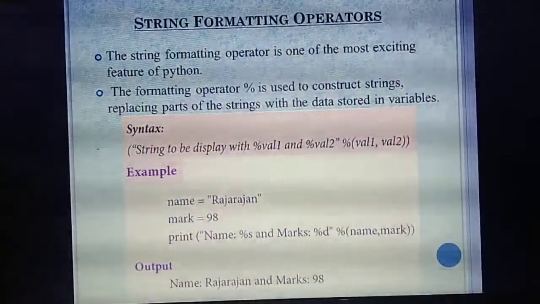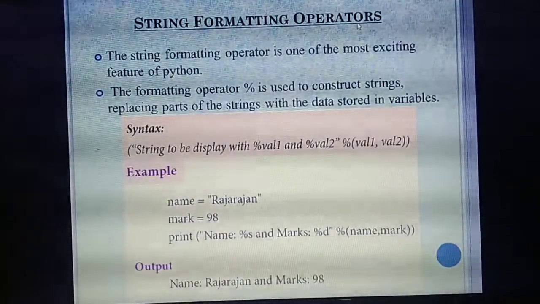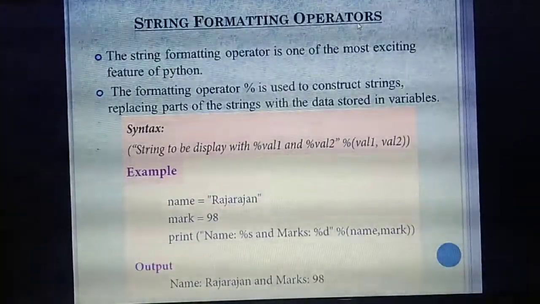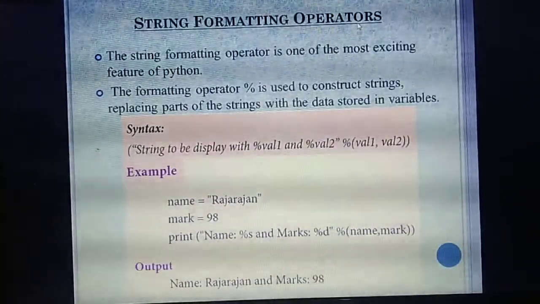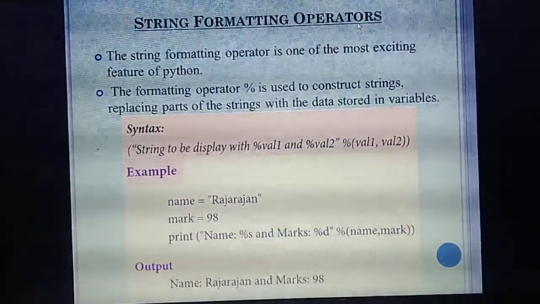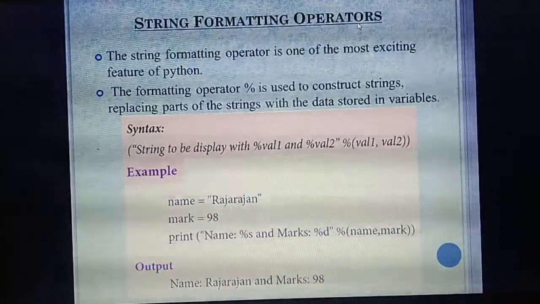So next thing is string formatting operators. String operators you have already studied. Next, string formatting operators. The formatting operator is one of the most important features in Python. Which operator is used for formatting?